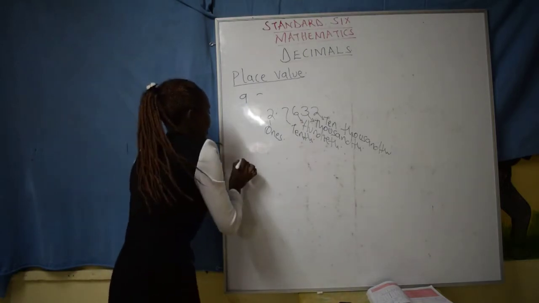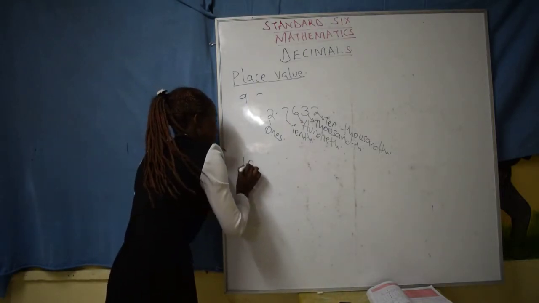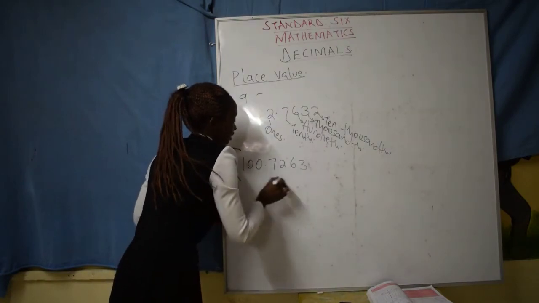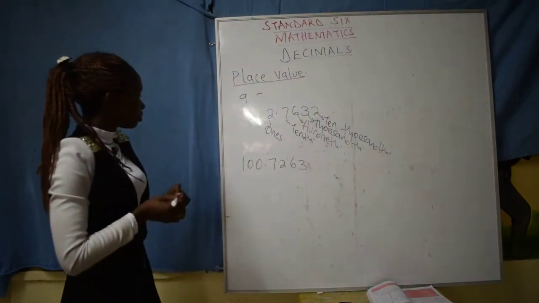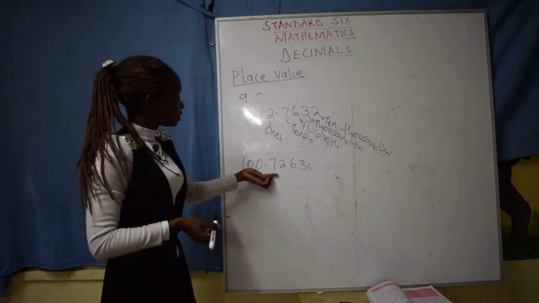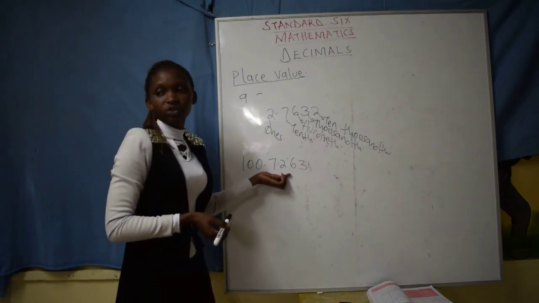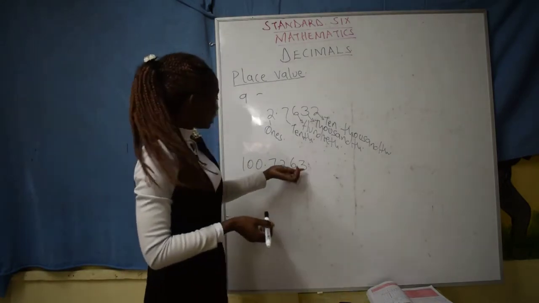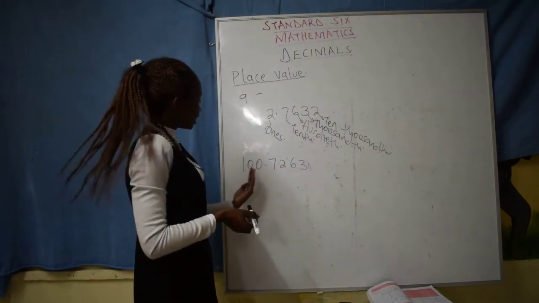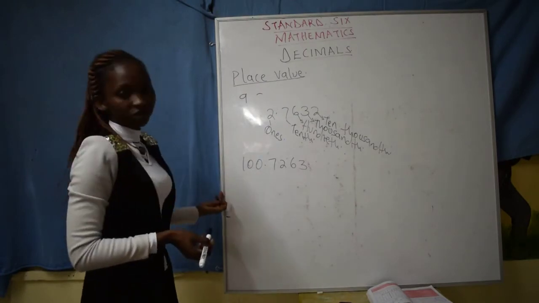We can have another example of a number which also includes the decimal point. So we can have 100.7263. Before the decimal point we have 100, and after the decimal point we have 7, 2, 6, and 3. Let us give the place value of numbers on our left side.